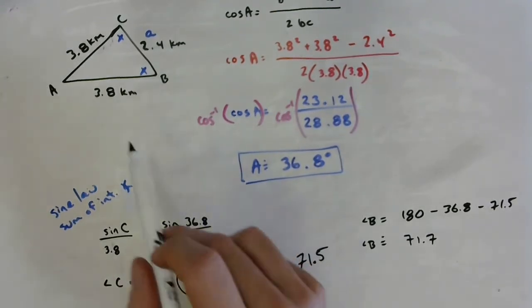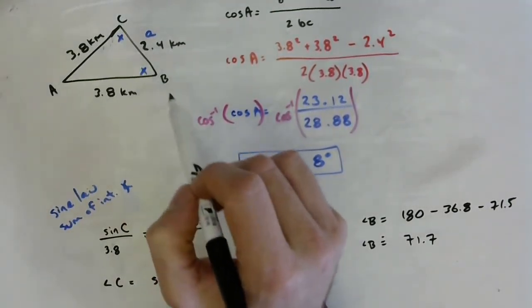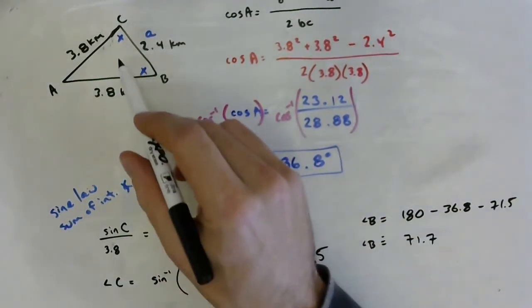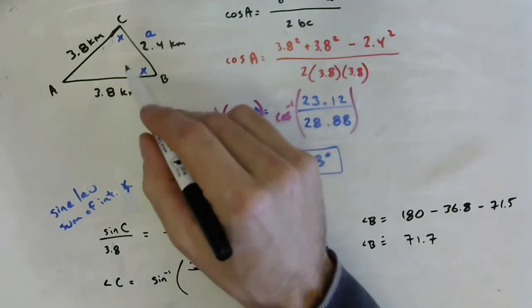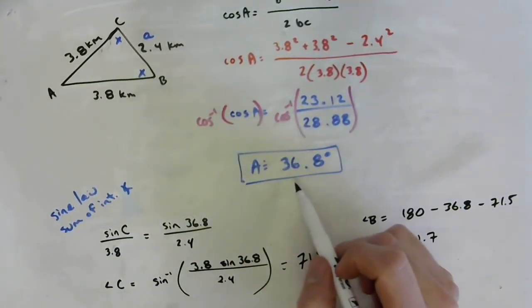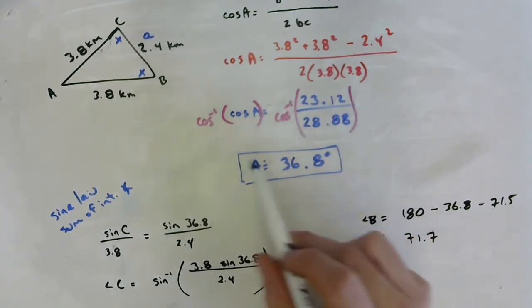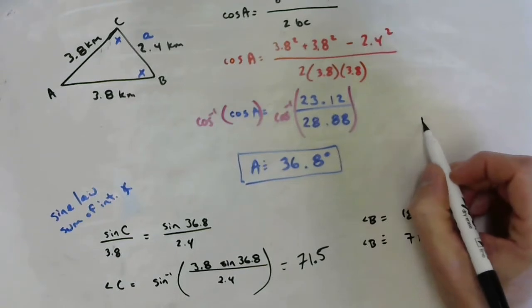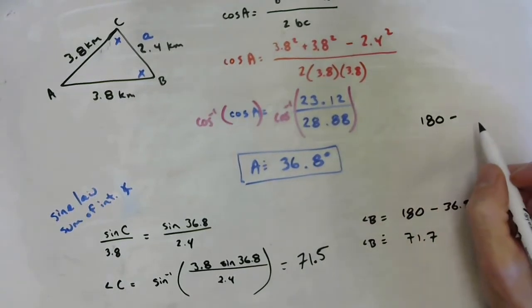The other way to solve these last two would be to say that I know it's an isosceles triangle. So I know that what's left after I take 37 away from 180 just gets split in half. You don't need to write this necessarily.